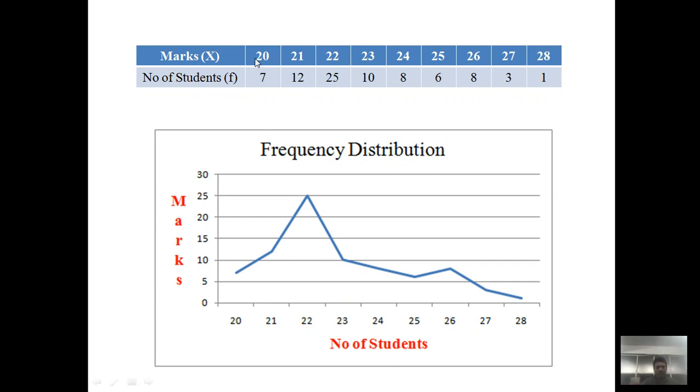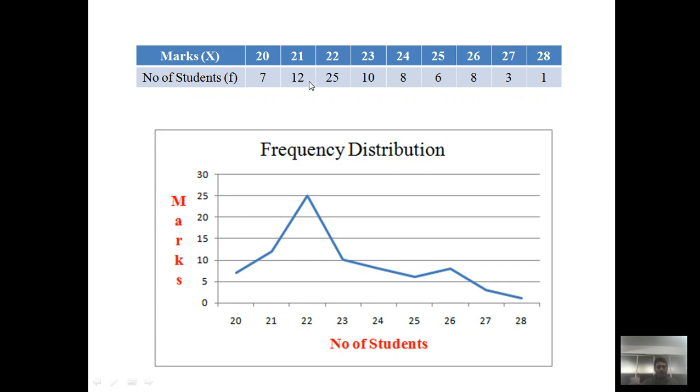Now you can see here the x-axis represents the obtained marks and the y-axis the number of students. So there are 20 marks obtained by 7 students, so we write here 20 into 7.